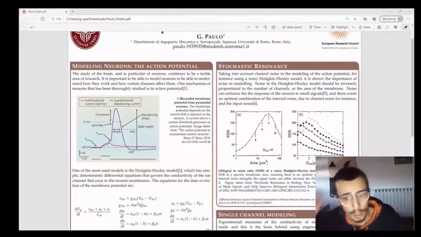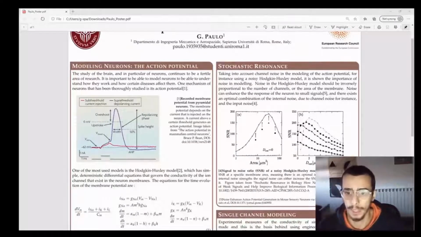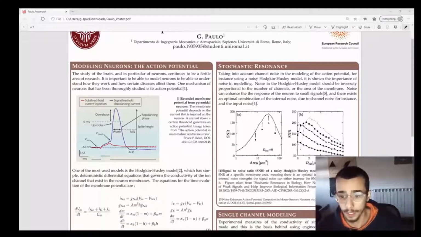Taking into account noise in the Hodgkin-Huxley model shows that increasing the internal noise of a neuron can actually increase its sensitivity, and there seems to be an interplay between the internal noise that the neuron has and the external noise from the input that the neuron receives.